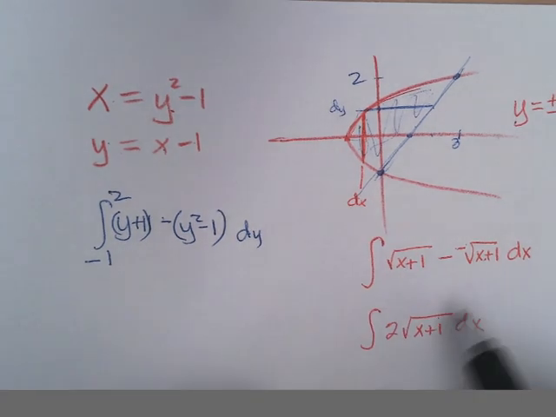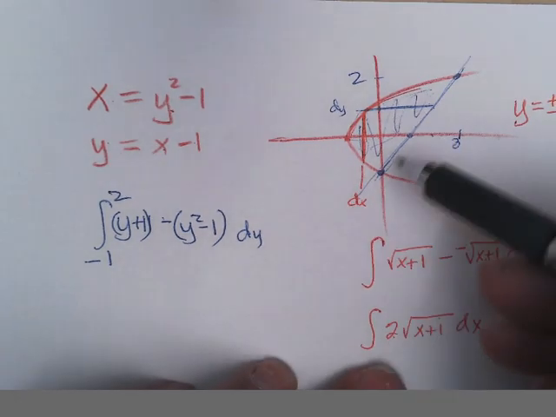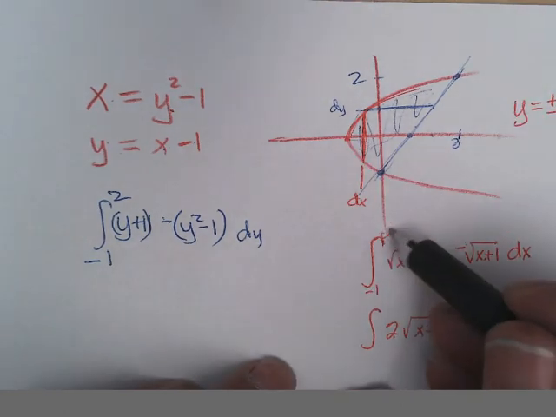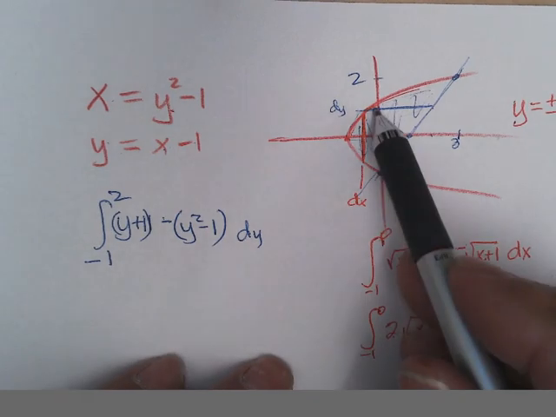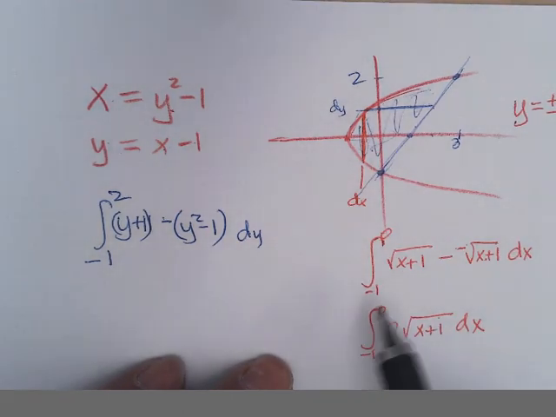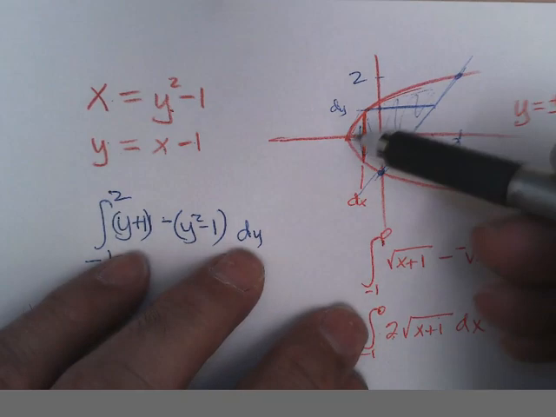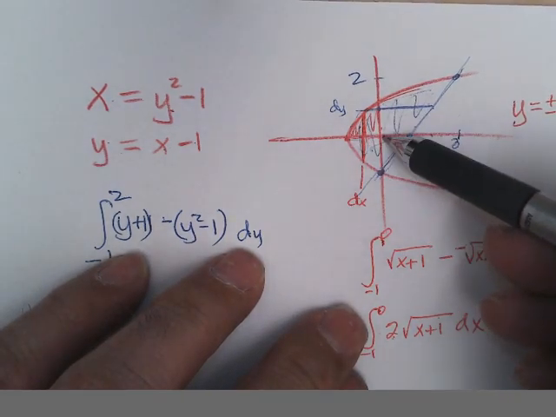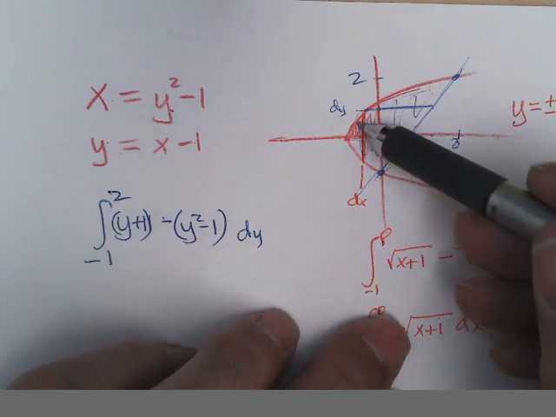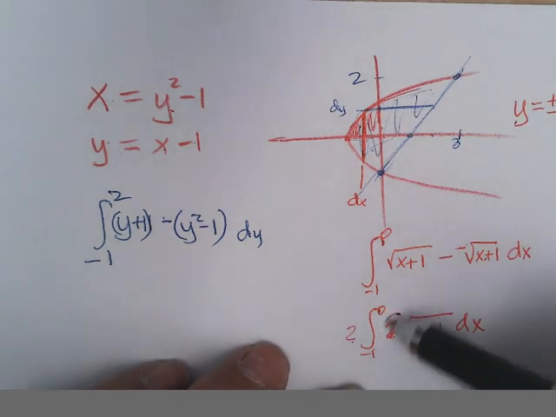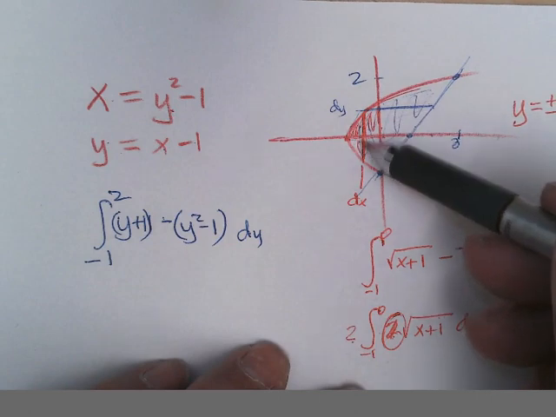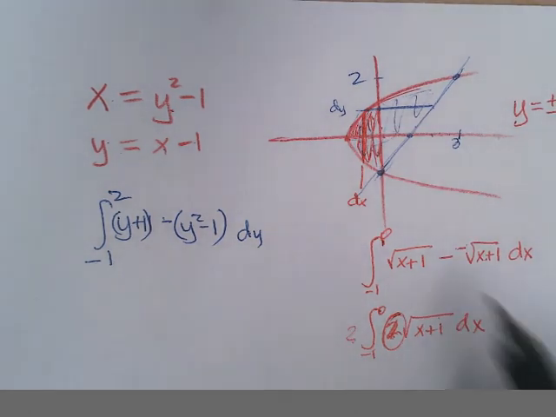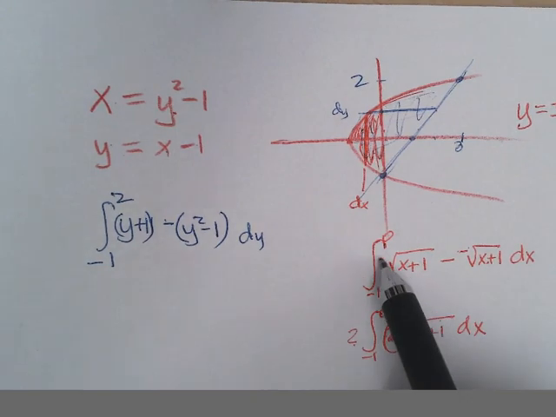And I want you to see what this means. And of course the limits, now that I'm doing x's, would go from -1 to 0 for just this part. But if I pull out the 2, this would be the area under the positive curve to the x-axis. And if I double that, like it says to, I would get this and that, and get the area of the whole thing. So this is the same as just doubling this.